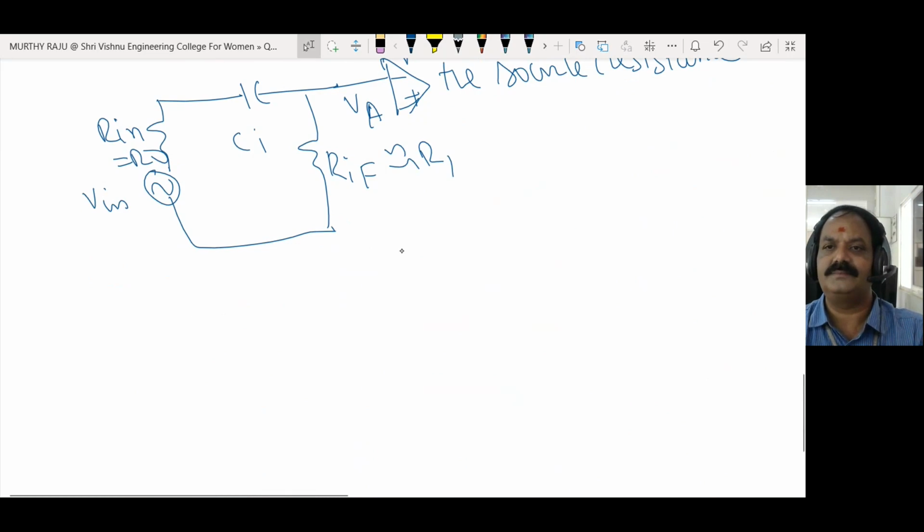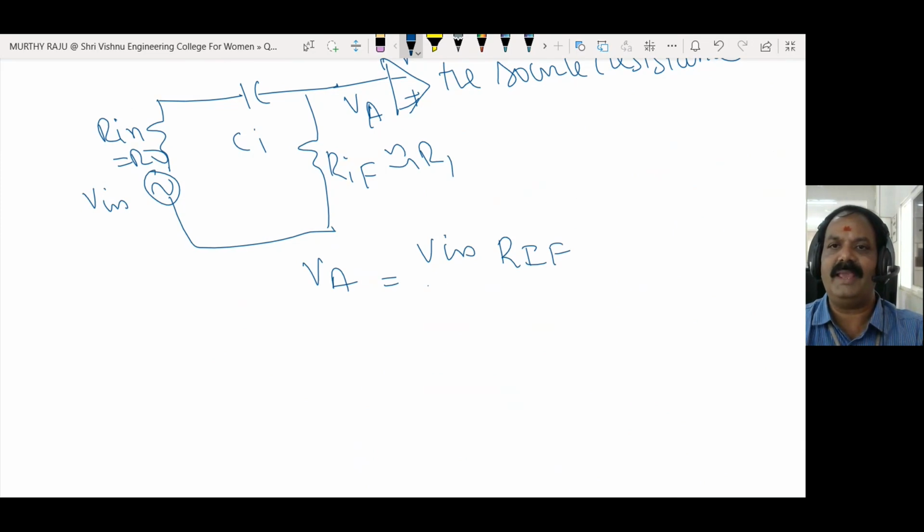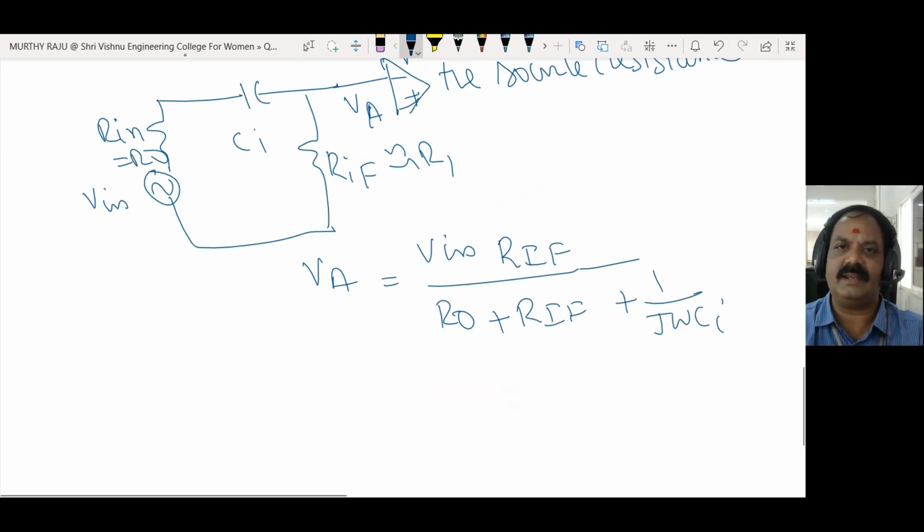Find out VA. According to the voltage divider rule, with the total voltage applied to the circuit being V in, VA is RIF by the sum of these three: R0 plus RIF plus 1 by j omega CA. This is the reactance of the capacitance, 1 by j omega CA.